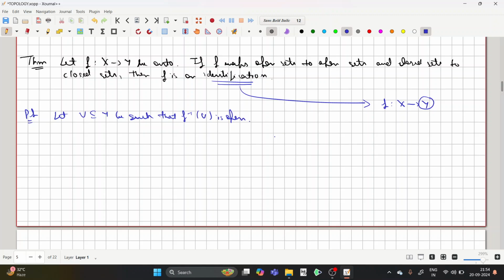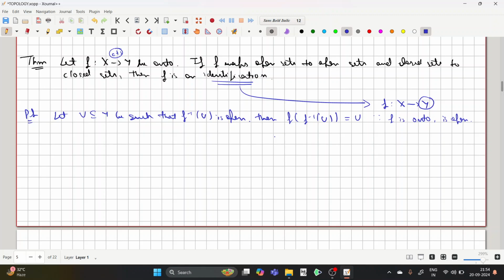One thing I should make clear is that whenever we are talking about functions, we are talking about continuous functions. I am not specifying that, but we are. So let U in Y be such that f inverse U is open, then f of f inverse U, which is precisely U since f is onto, is open, because f maps open sets to open sets.